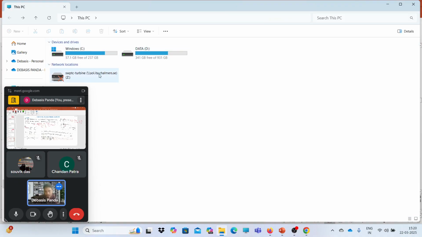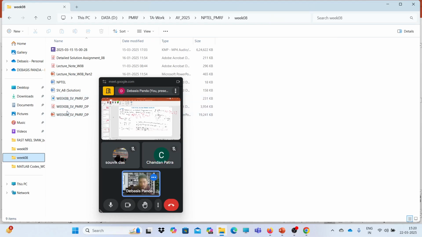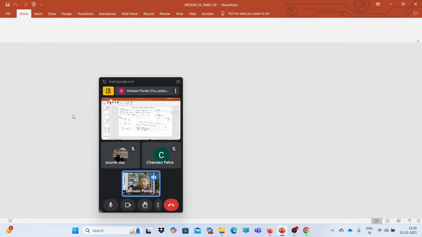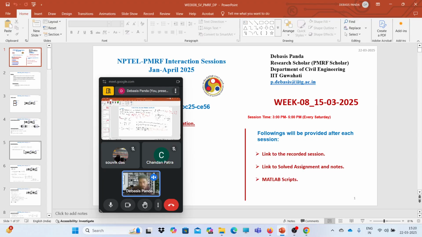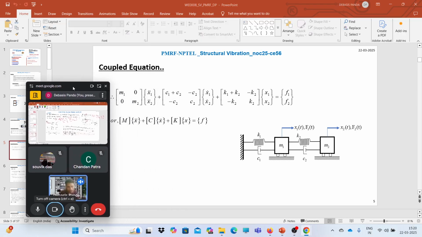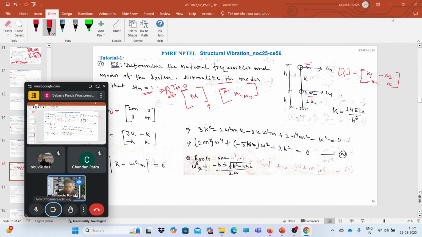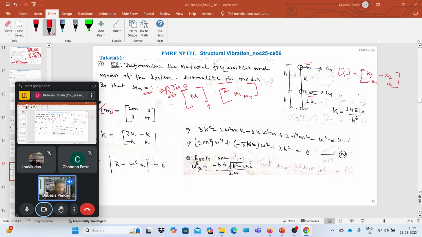So recall this K matrix. If you formulate the K matrix wrongly at the very first place, then the entire problem will be wrong. I had written the first element wrong here. The first element is K1 plus K2, minus K2, minus K2, K2. Right, Sovik?